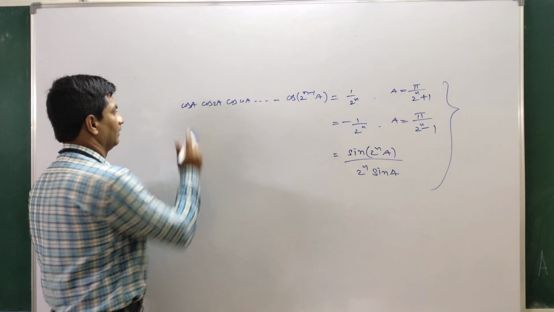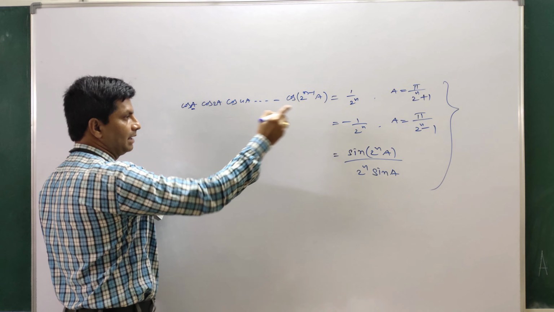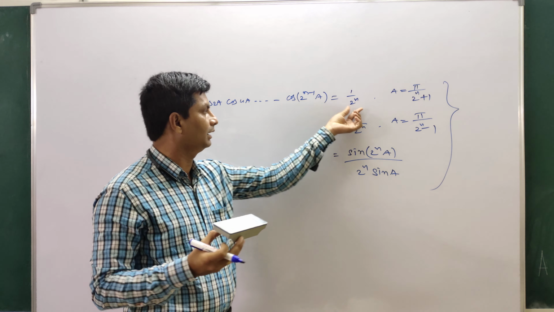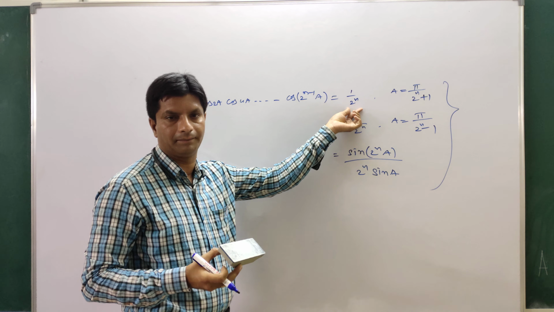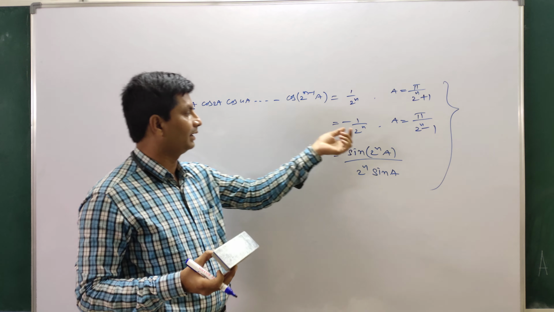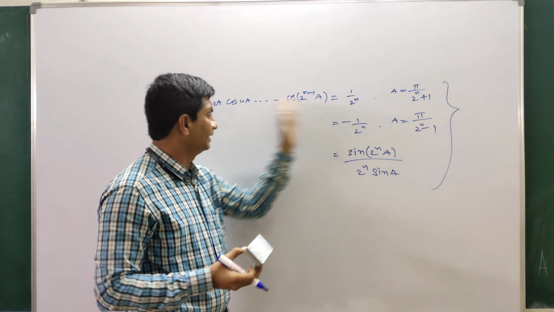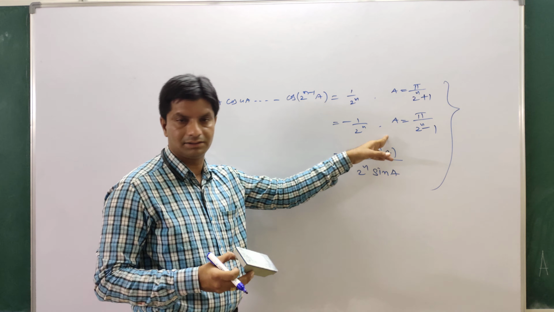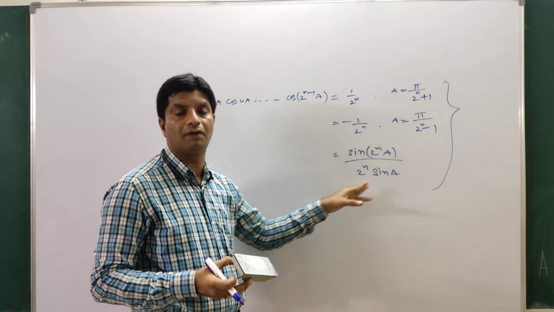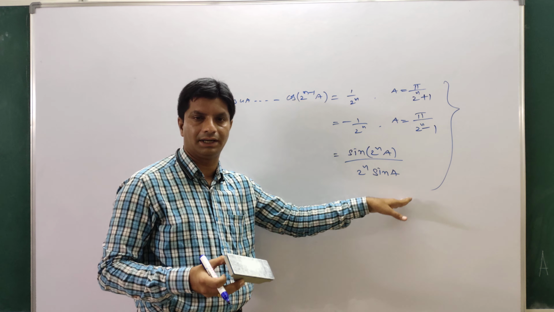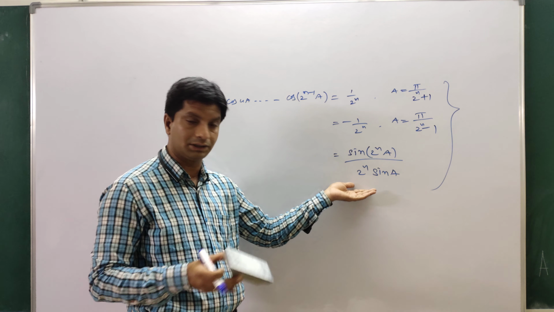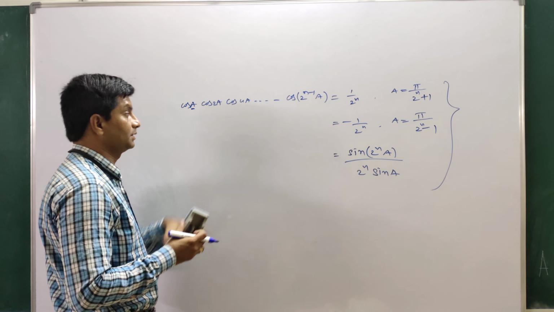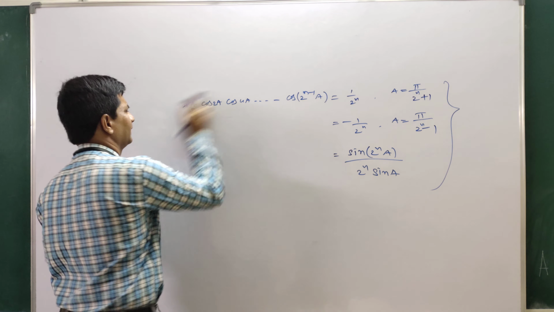If the initial angle can be written as pi by 2 power n plus 1, then the value of this expression is directly 1 by 2 power n. If the angle capital A can be written as pi by 2 power n minus 1, the value is given by minus 1 by 2 power n. Otherwise, we write the formula sin of 2 power n into A by 2 power n into sin A. We have already proved this in IP also. Remember, the expression must be in this form.